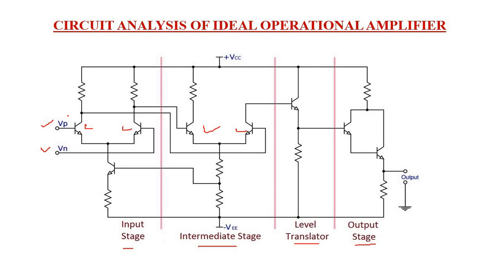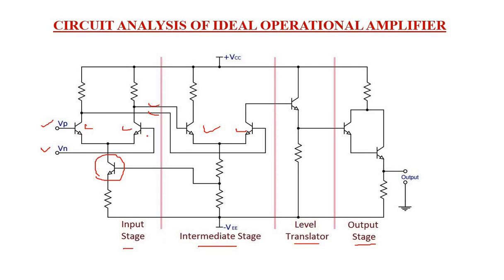This dual input balanced output differential amplifier is with the current bias circuit, which provides the high CMRR and maintains the high voltage gain.